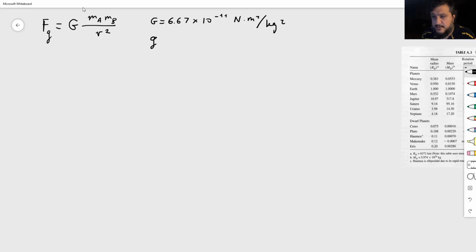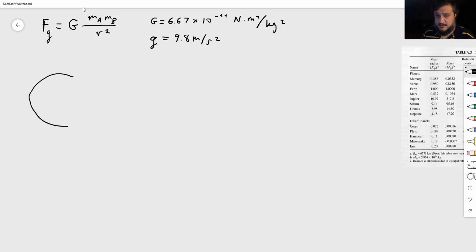You were already familiar with the gravitational acceleration, which was 9.8 meters per second squared in the lab frame in your exams. That's the number you're used to. But that number changes. It depends on where you are on Earth. Earth is not a perfect sphere to begin with.